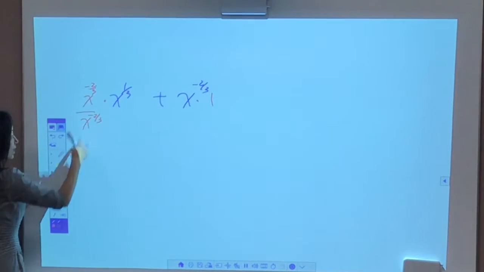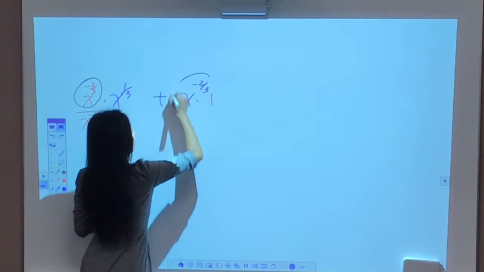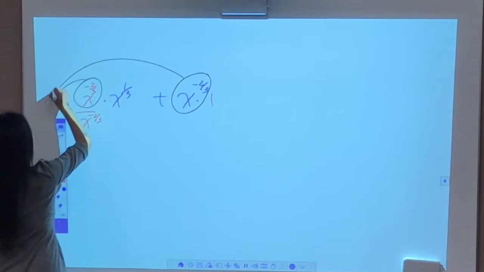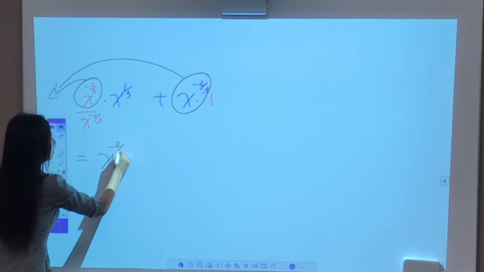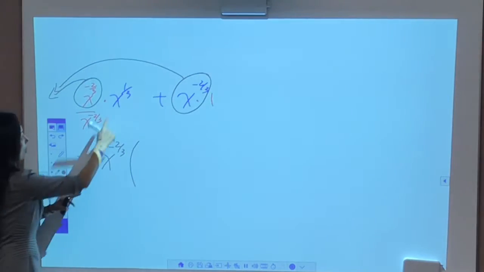So I have to do this, and now I can factor this one out and bring that out in front. So now what do you have? X to the negative 2/3 as my common factor. What are you left with?